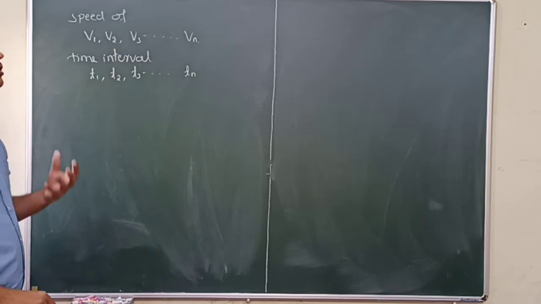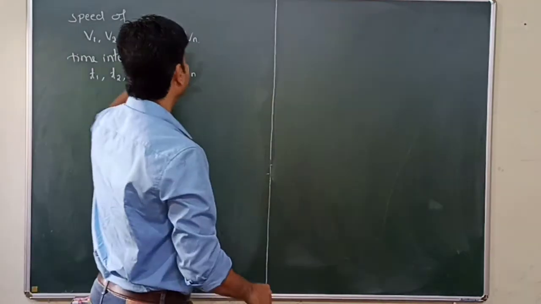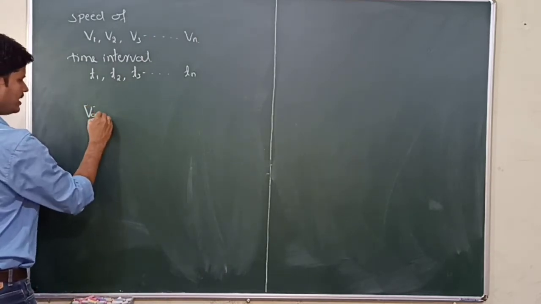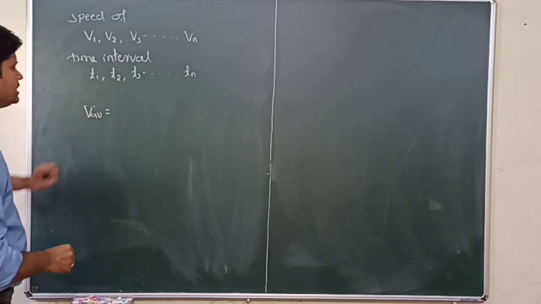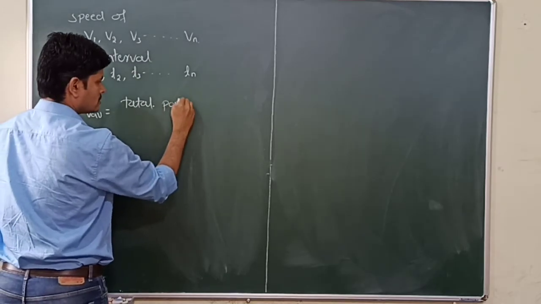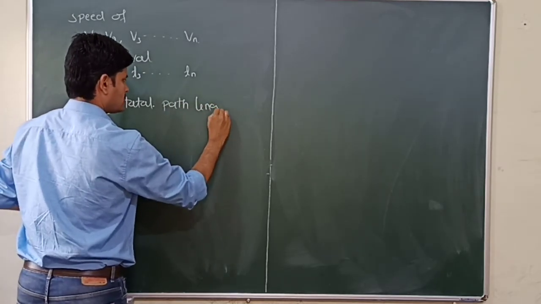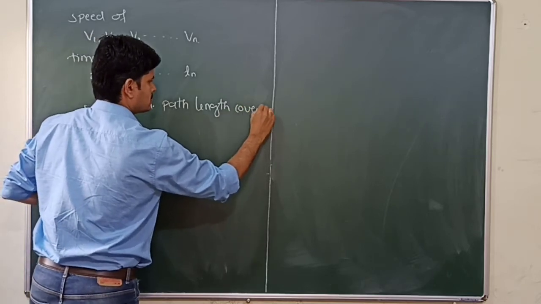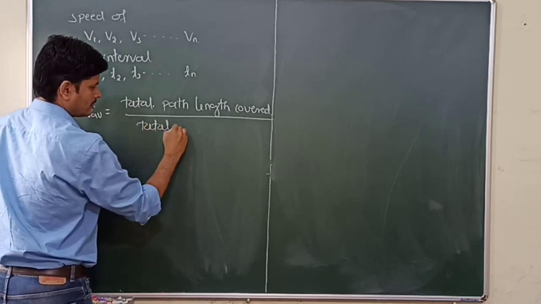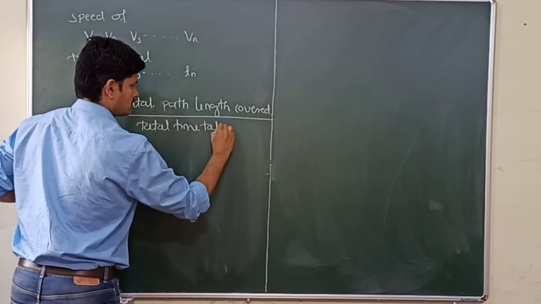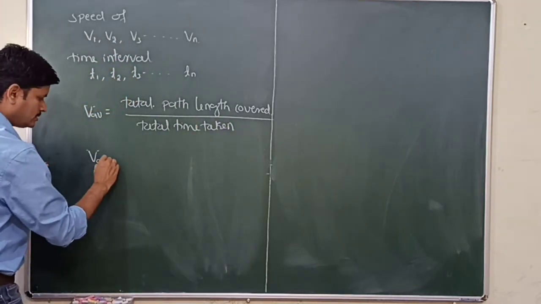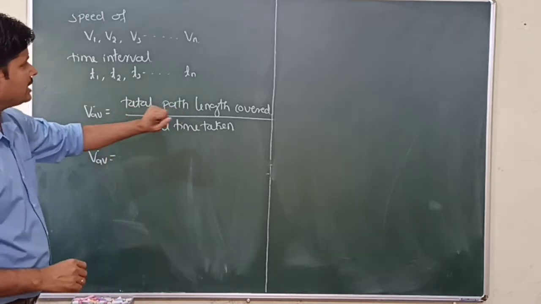Now we want to calculate the average speed of this case, right? Then the average speed is nothing but the total path length covered divided by the total time taken, correct?